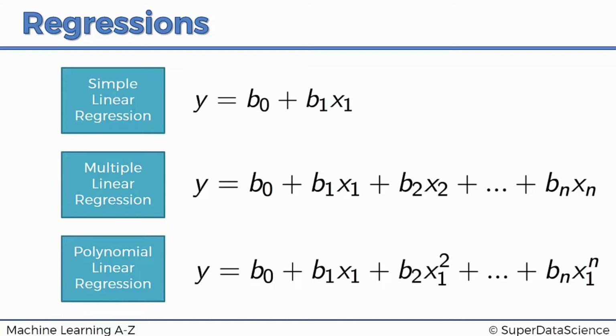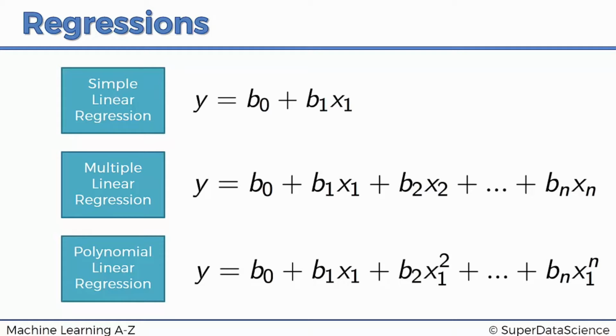Notice how it's very similar to the multiple linear regression, but instead of different variables like x2, x3, x4, and so on, xn, we have the same variable x1, but in different powers. So instead of x2, we have x1 squared. Instead of x3, we would have x1 cubed. And instead of xn, we would have x1 to the power of n. So basically, we're using one variable, but we're using different powers of that variable.